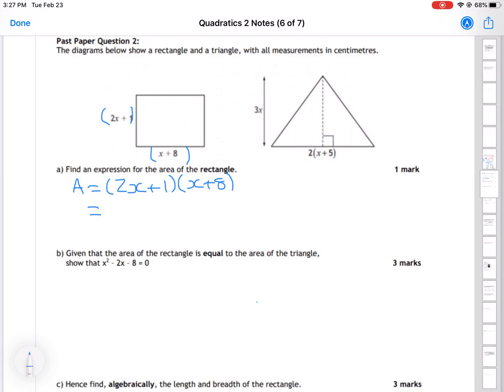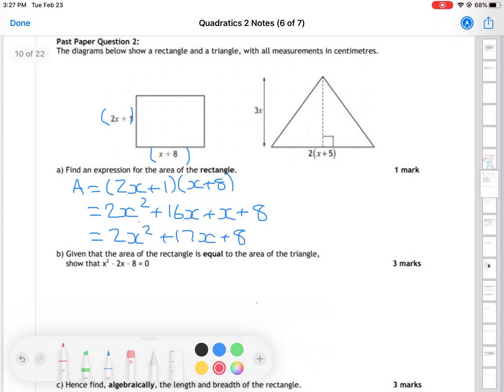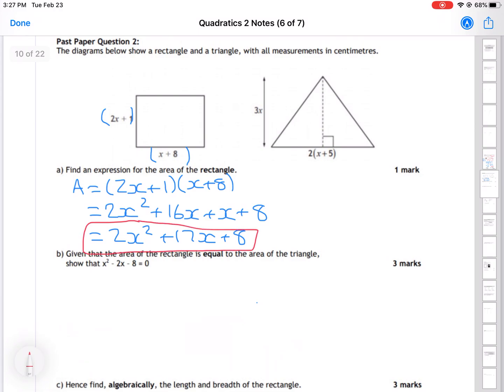Do that bit now so I've got it ready for question B. So when I expand this, it's 2x squared plus 16x plus x plus 8, which gives me 2x squared plus 17x plus 8. So that's your expression for the area of the rectangle that we're going to then use to help us complete question B.